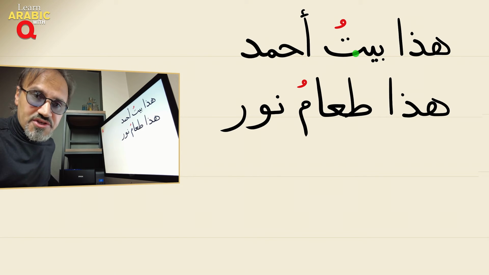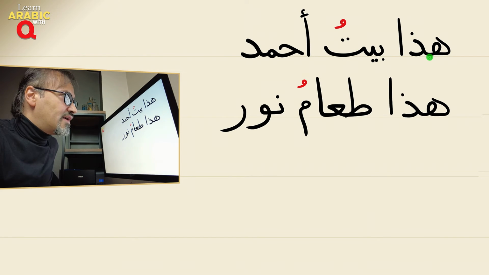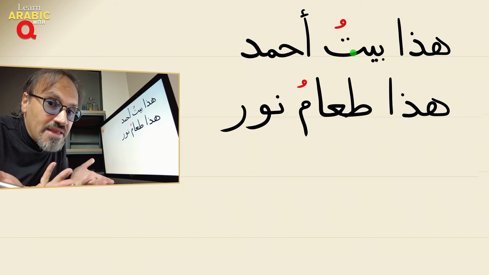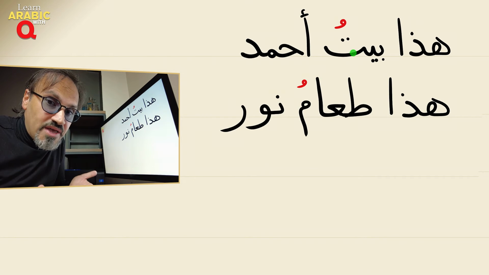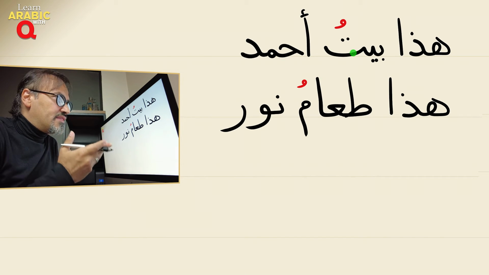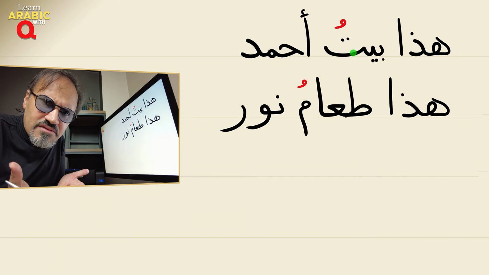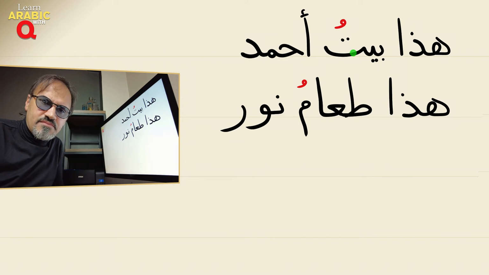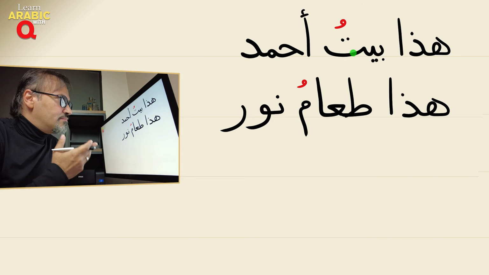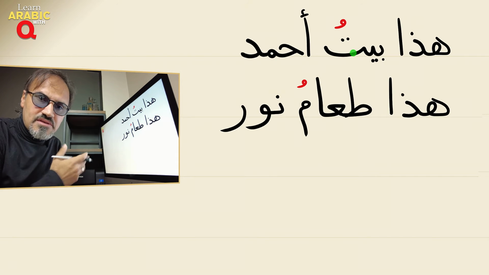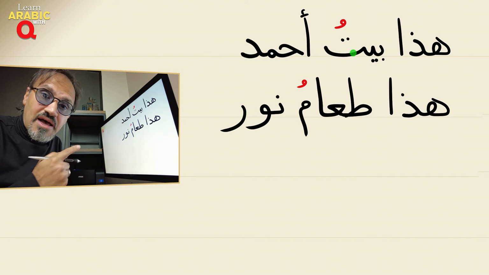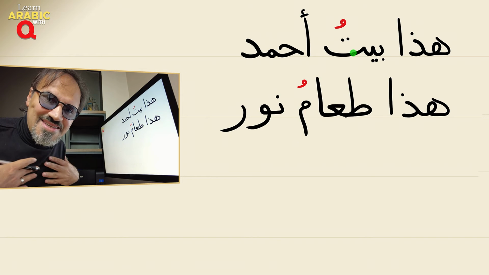And this is a reply to the question هذا بيت من. هذا بيت أحمد. Okay, and if you really want to keep on asking, Ahmed men, like, who's Ahmed? هذا بيت أحمد. Ahmed men. Ahmed صديقي.